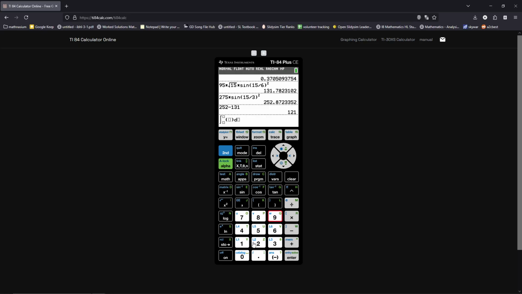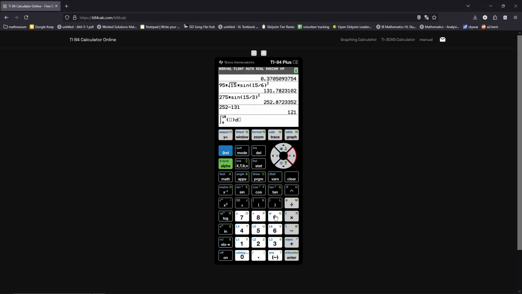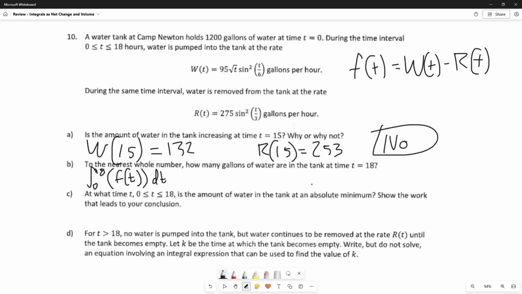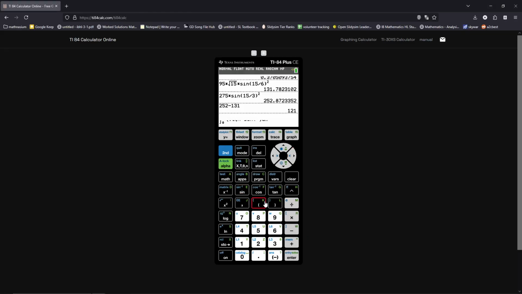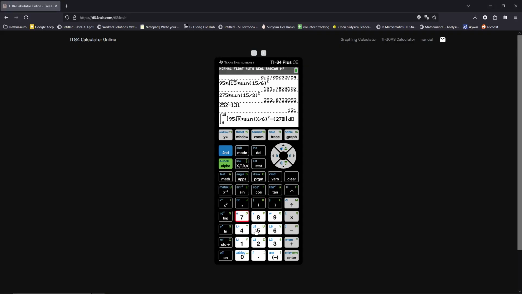So integral 0 to 18, and remember F of t is W of t minus R of t, so W of t first: 95 times square root of x times sine of (x over 6) squared, minus 275 times sine of (x over 3) squared.